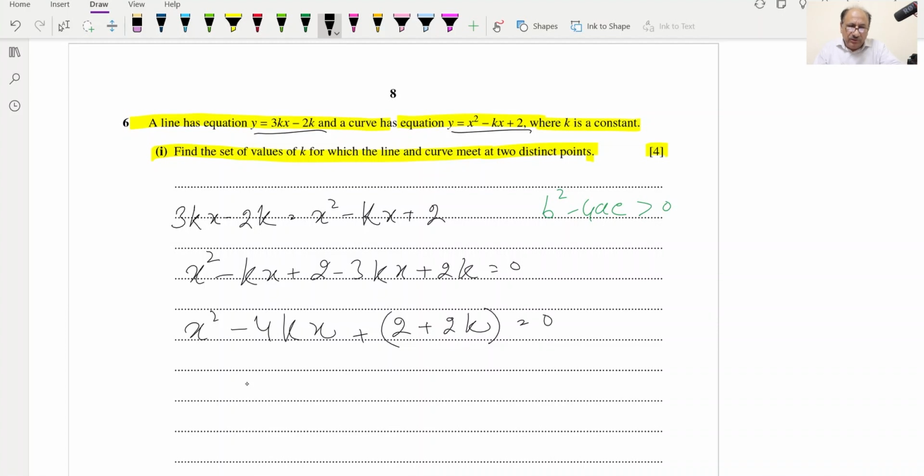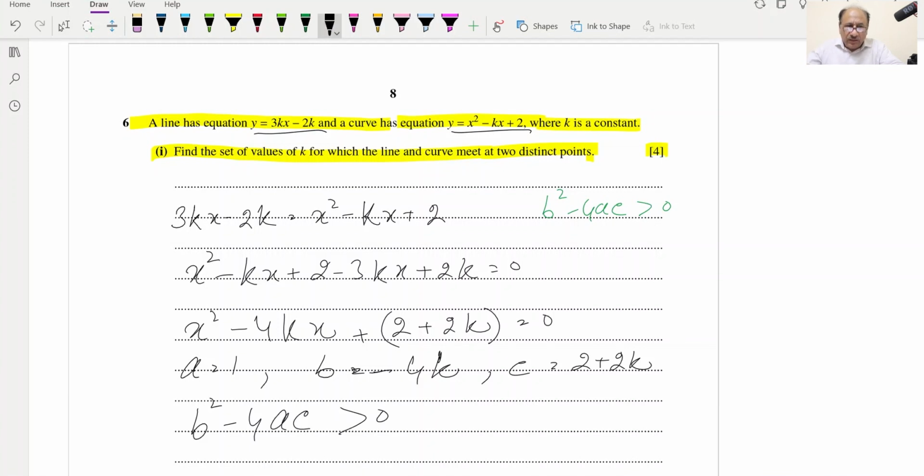Now this is a quadratic equation, and we can write the values: a is equal to 1, b is equal to minus 4k, and c is equal to 2 plus 2k. So b squared minus 4ac is greater than 0.